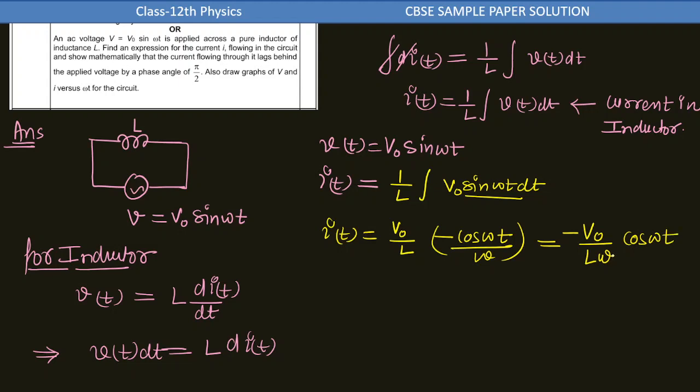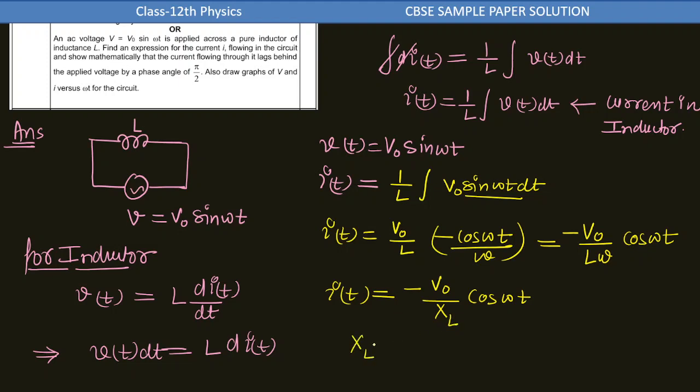Okay, this I(t) is equal to minus V naught divided by xc into cos omega t. Here we are talking about the peak value of current. This is not xc, it is xl.